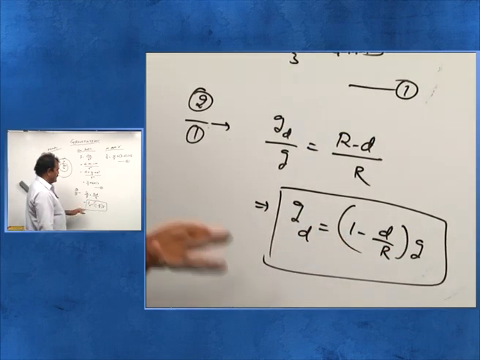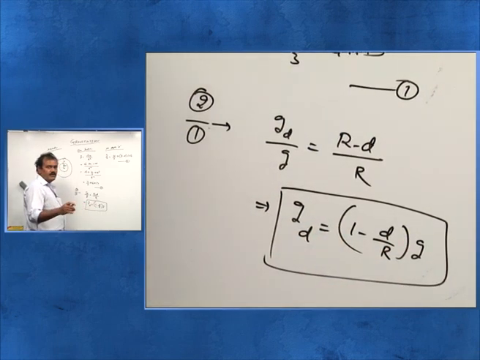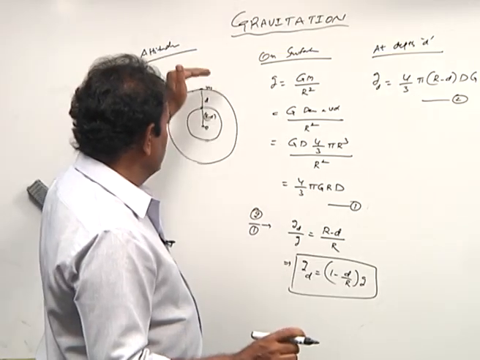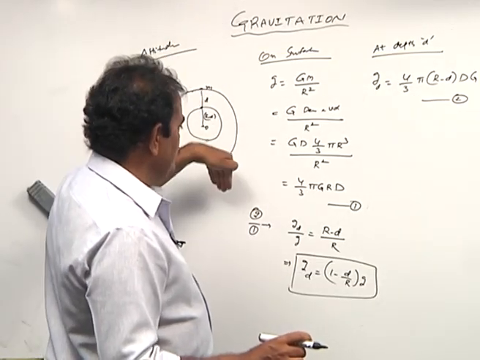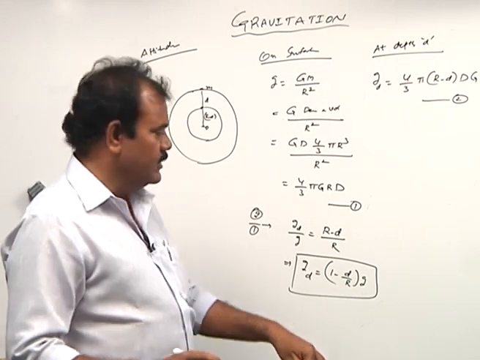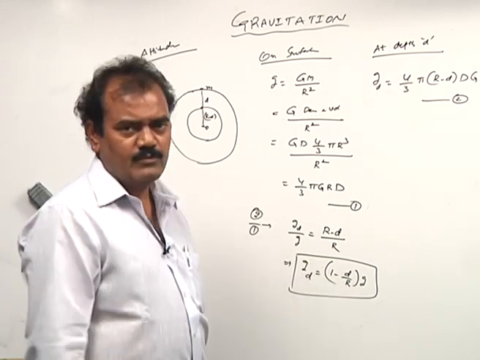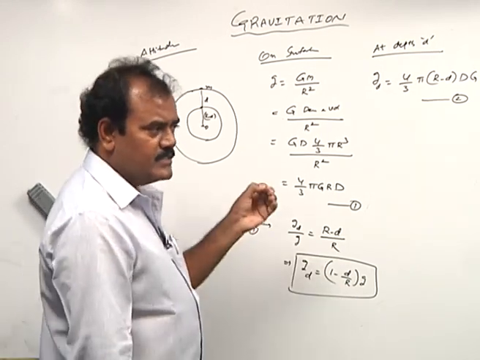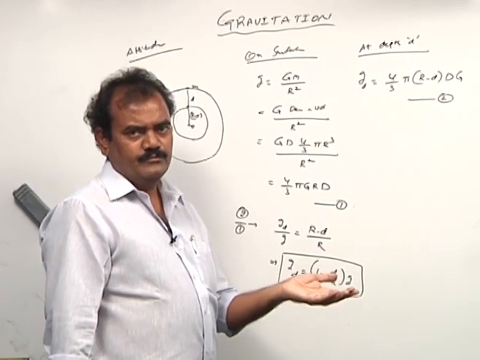And in this case, what you can understand is, when a body is taken either to an altitude or to a depth, in both cases there will be a decrease in small g. But that decrease in small g is more in case of altitude.